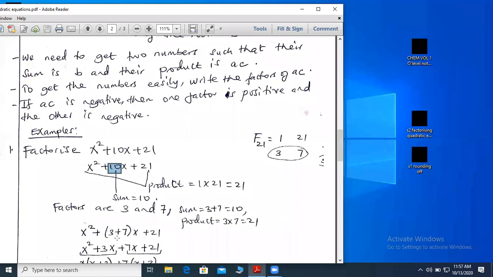I open this bracket. It will be x squared plus 3 times x, which is 3x, plus 7 times x, which is 7x, plus 21.